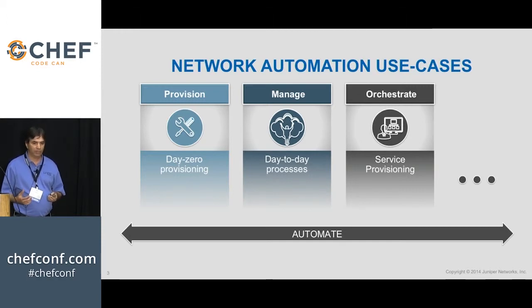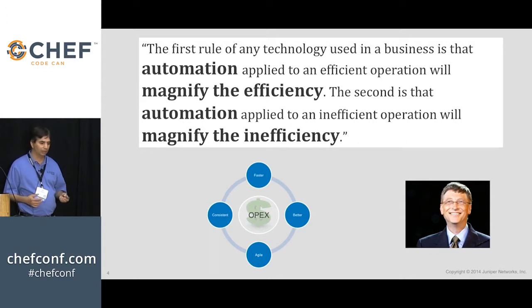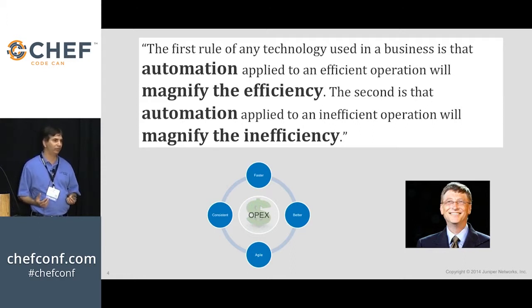Now, let me take a quote from one of the pioneers of the computing industry. The key part of that quote that I love is that automation magnifies the efficiency and automation magnifies the inefficiency.